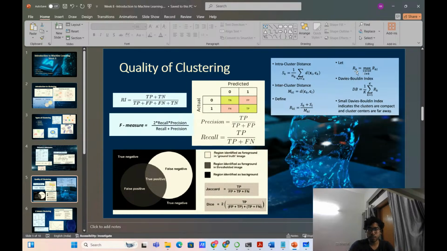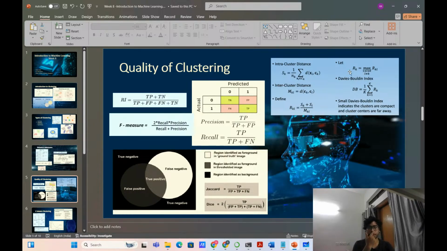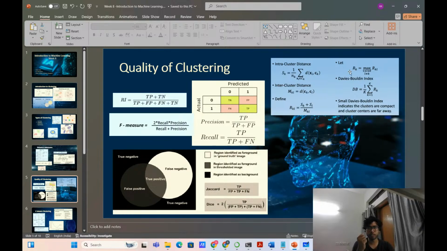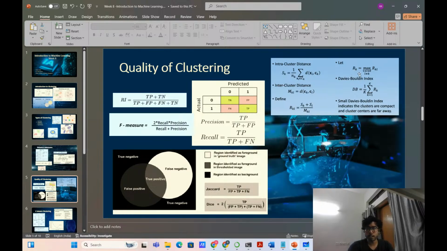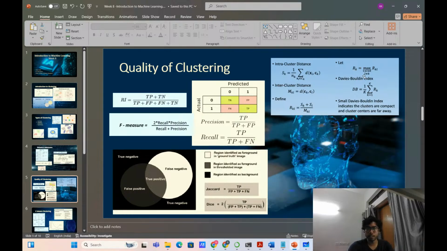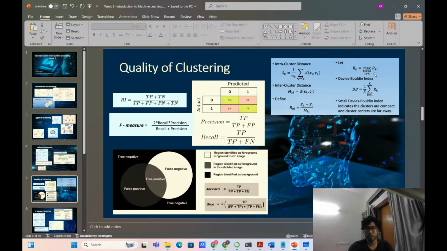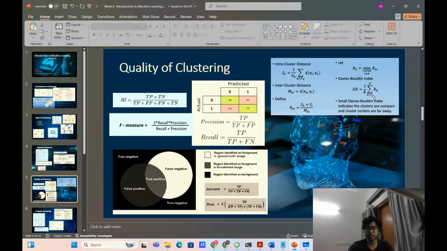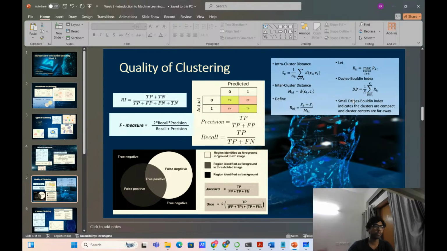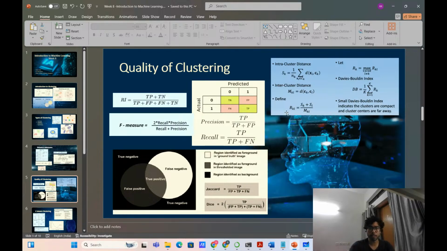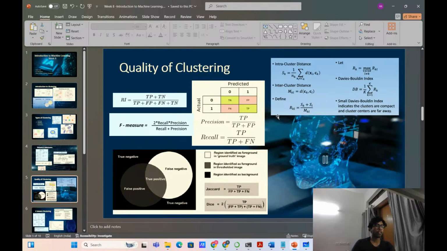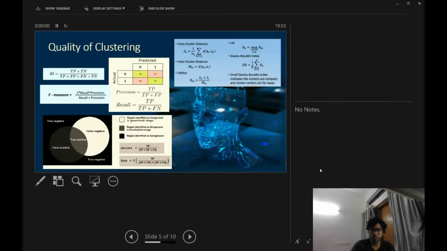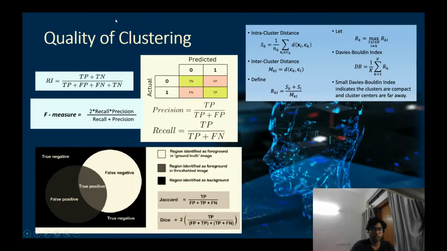And then you find it between all such pairs of clusters. So you do it between C1, C2, C2, C3, and C1, C3, right? And then R_K is basically the max of all the three, right? And this DB index is basically the summation of all those R_K that you have calculated, right? So these are some of the measures to determine how good your clustering is.